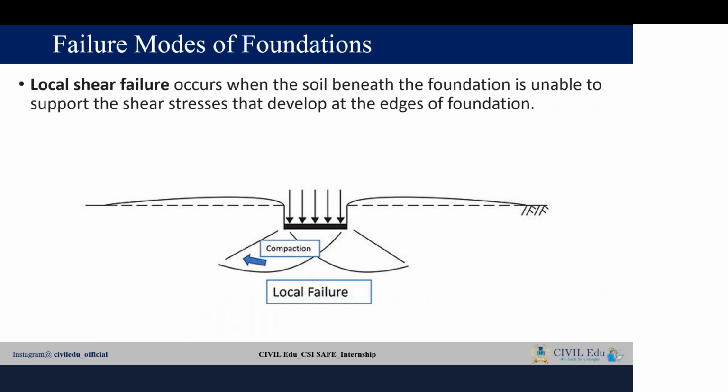In local shear failure, on the top surface you will find a small impression called upheaval, or heaving of the soil. The soil surface will have a little bulge. So these are the three different failure modes in foundations: local shear failure, general shear failure, and punching shear failure.